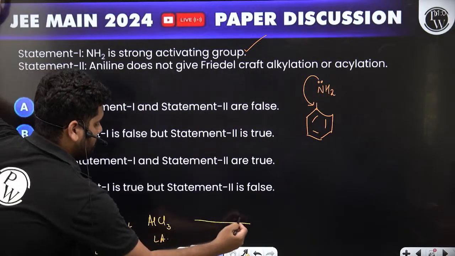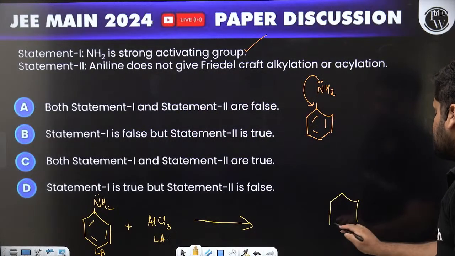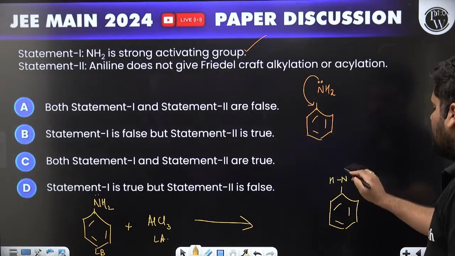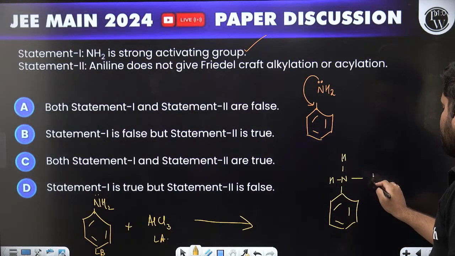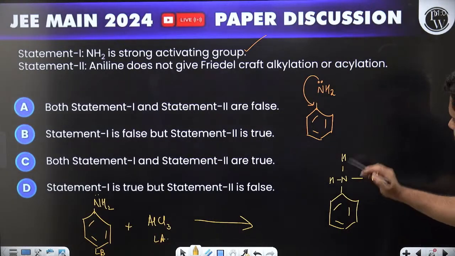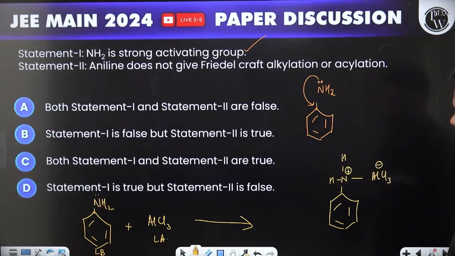These two react and produce a salt, which would appear like this, NH2 and then AlCl3. Here nitrogen has formed 4 bonds, so it would get a positive charge and this would get a negative charge complex.